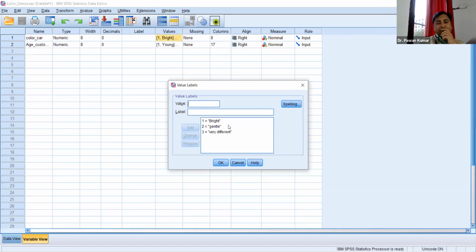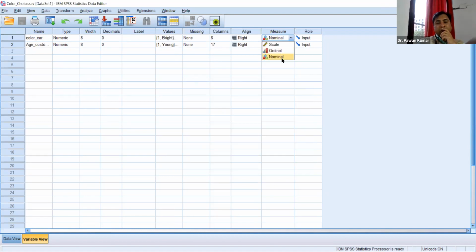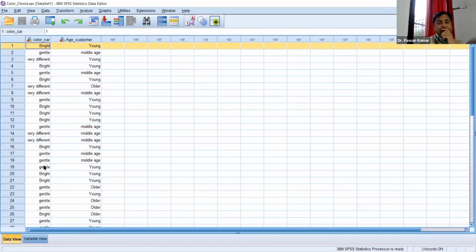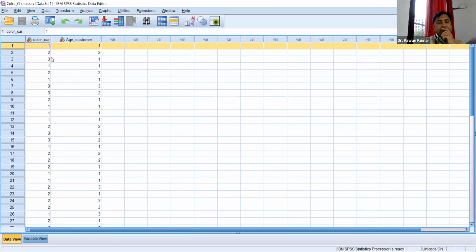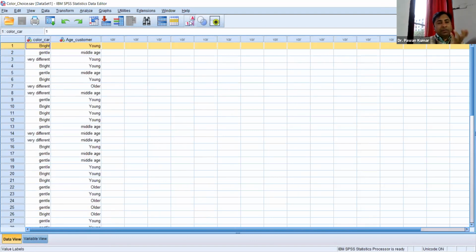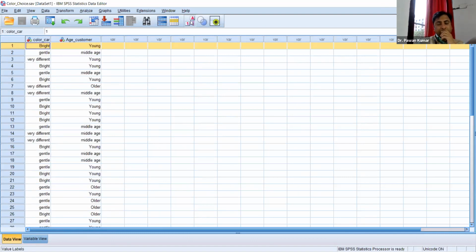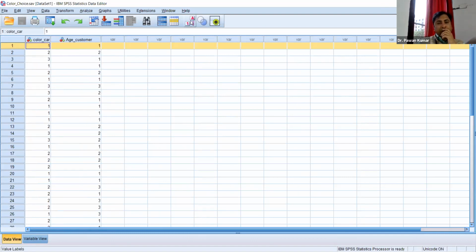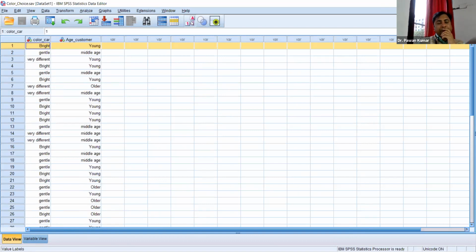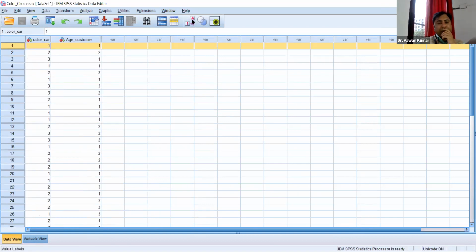Color: 1 means bright, 2 means gentle, 3 means very different. The measure would also be nominal because it is categorical data. Then you can see these variables in the data view, and you can check the labeling and the coding from here.